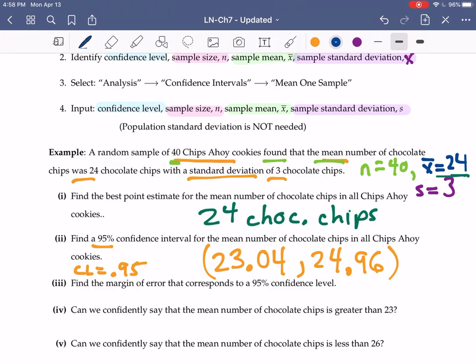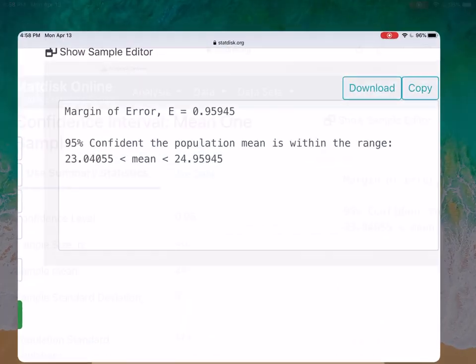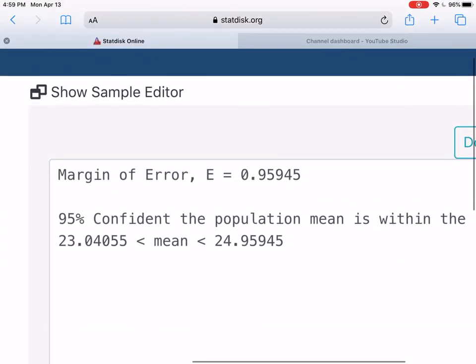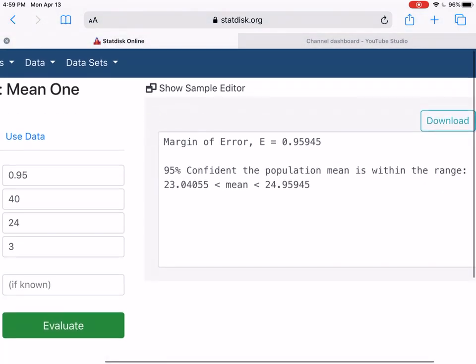Our margin of error was 0.96 chocolate chips. We can go back to StatDisk and look at this again. Our margin of error is right there at the top, 0.95945. If we rounded to the second decimal place, it's 0.96.